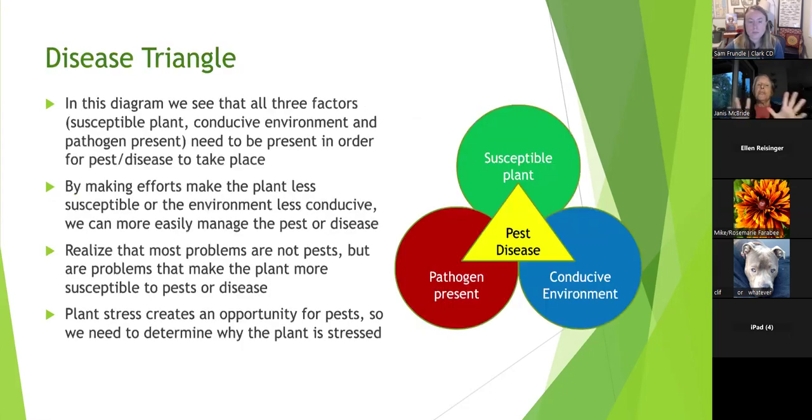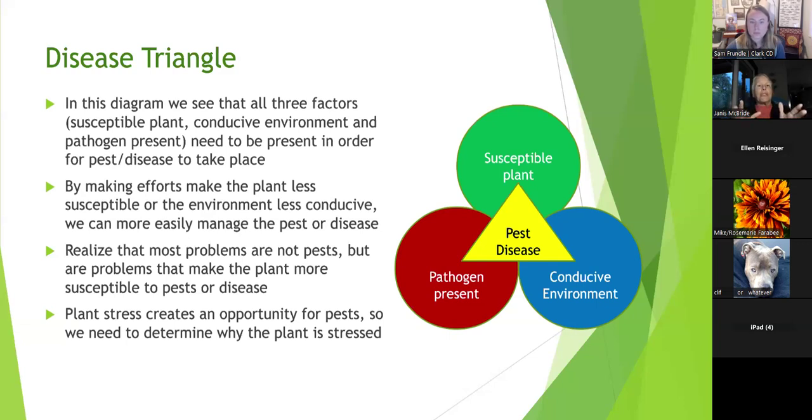Okay, so as related to plant stress, what we need to understand is there's a disease triangle. So you have to have all 3 factors in place for there to be a pest or disease. You have to have a susceptible plant, you have to have a conducive environment, and you have to have the pathogen or insect present. All 3 of those have to be in place for the disease or the infestation to occur.